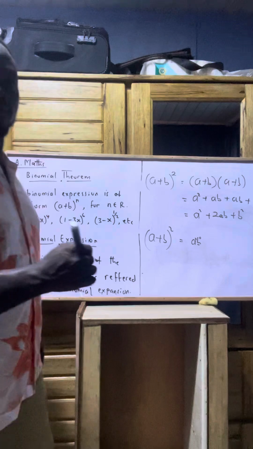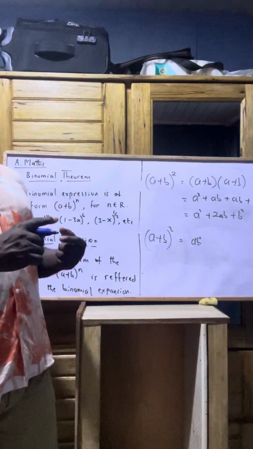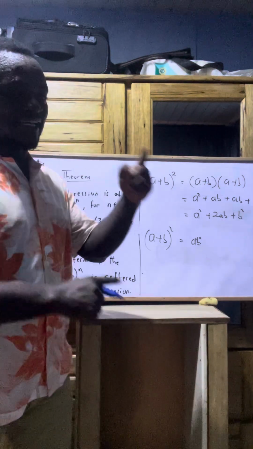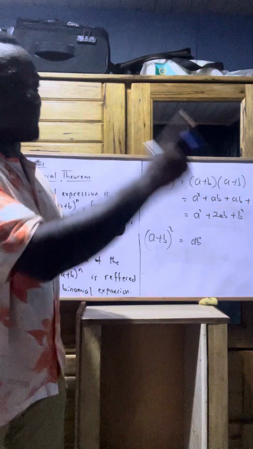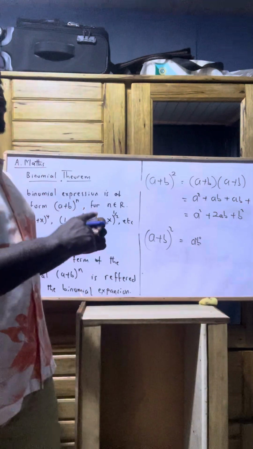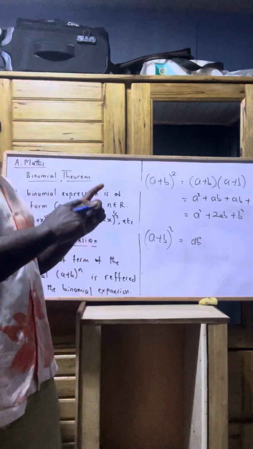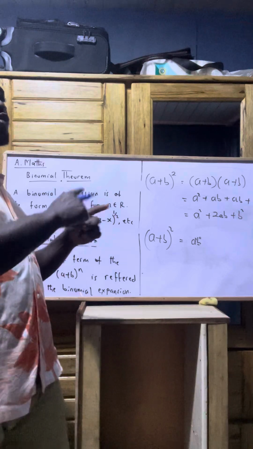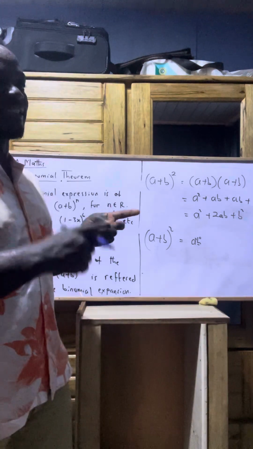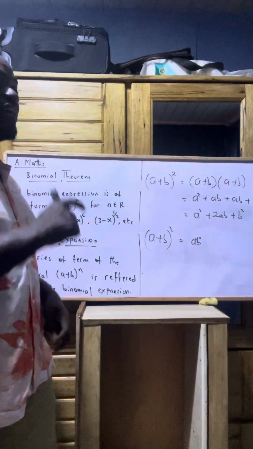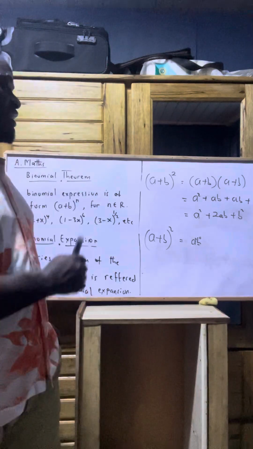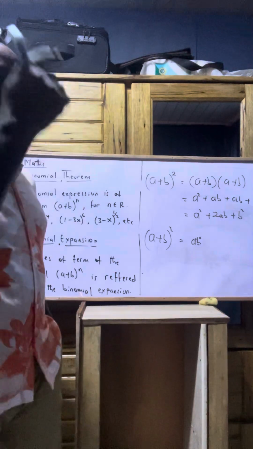Nothing, 0. Now, in each successive term, the exponent of A will be decreasing by 1, whilst the exponent of B will be increasing by 1.